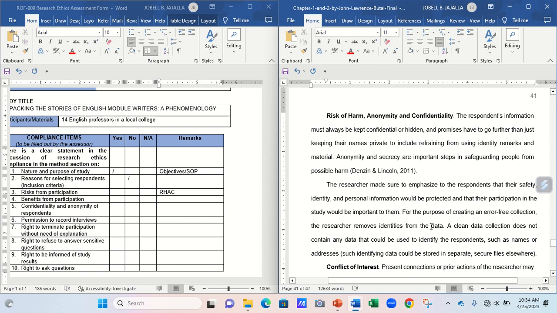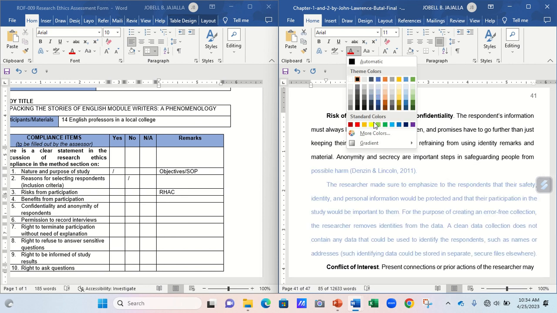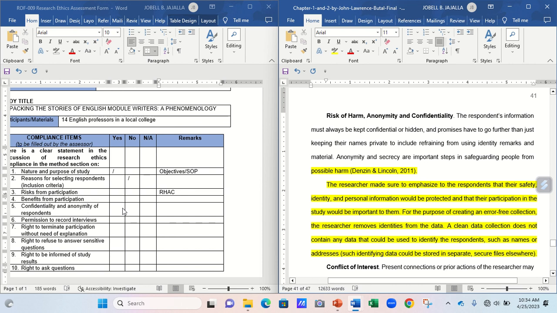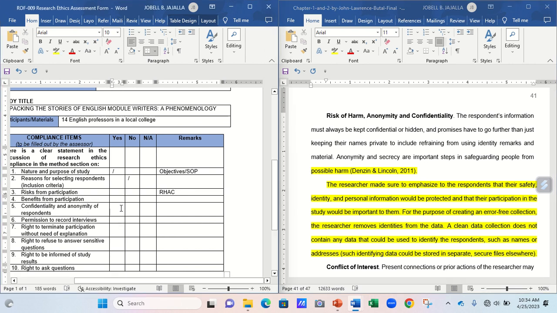For the purpose of creating an error-free, the researcher removes identities from the data, a clean data collection doesn't contain data that could be used, such as names or addresses. So mostly siya sa confidentiality ni siya. Confidentiality. So check na ta diri sa confidentiality.